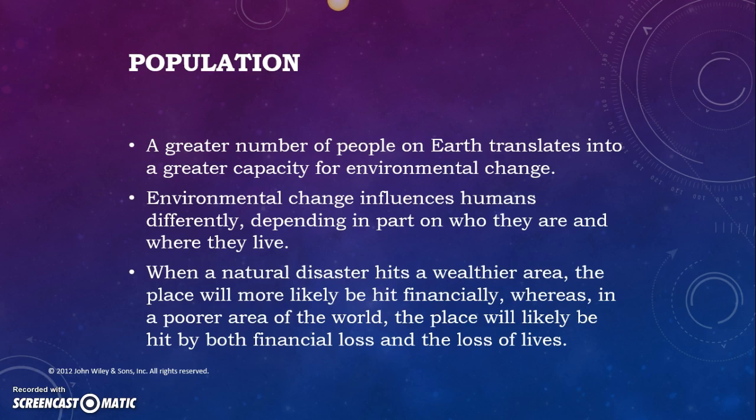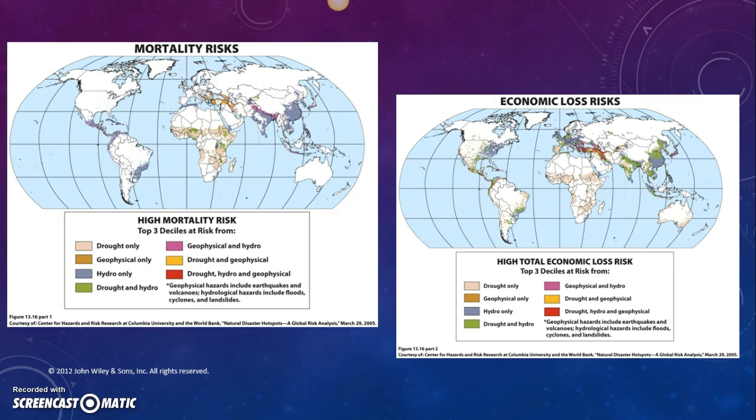Okay, and just to illustrate this, what we've got here are two world maps from our textbook, and the one on the left talks about mortality risks. It looks at the top 3 deciles, and deciles are tenths. So when you're looking at the highest mortality risk in terms of natural disaster from drought, not surprisingly, we're looking at large parts of Africa, especially the Sahel, right around the southern edge of the Sahara Desert.